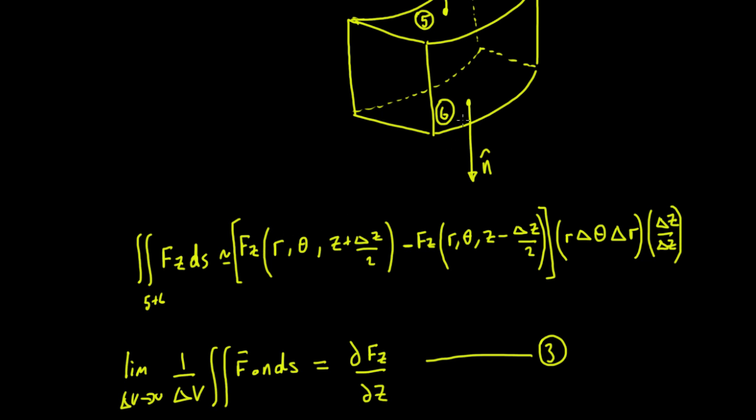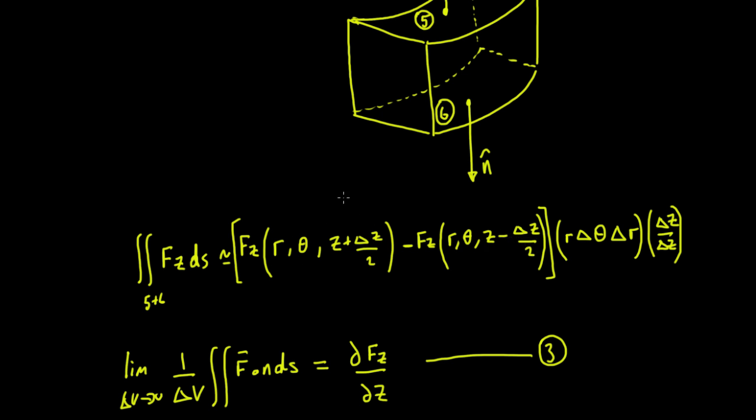So we're interested in looking at the point in the centre of the face and the value of the function at that point times the area of the face. So we're interested in r, theta and z plus delta z upon 2, minus the same point in the other side of the face, which is going to be minus f of z, r theta z minus delta z upon 2.